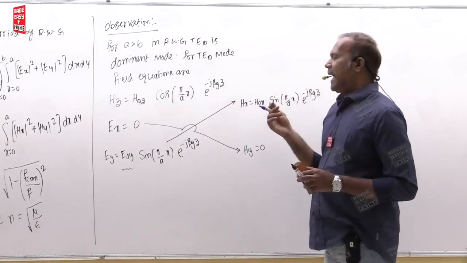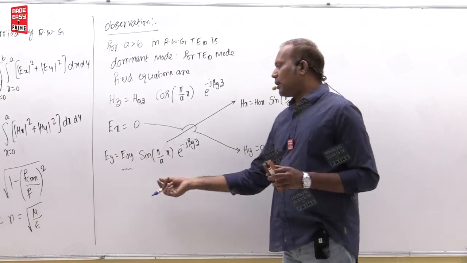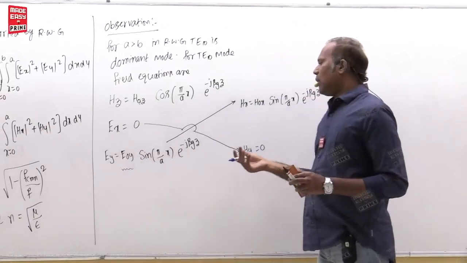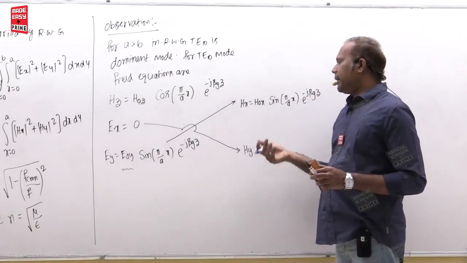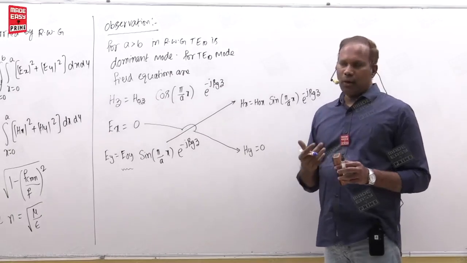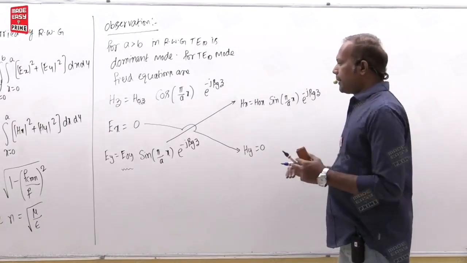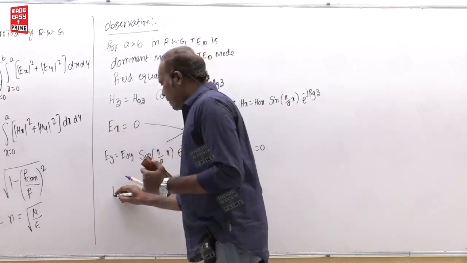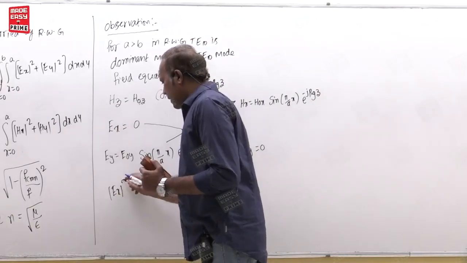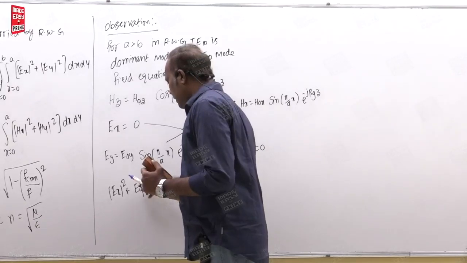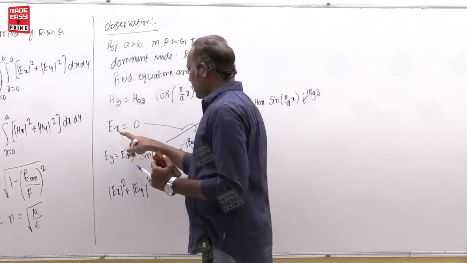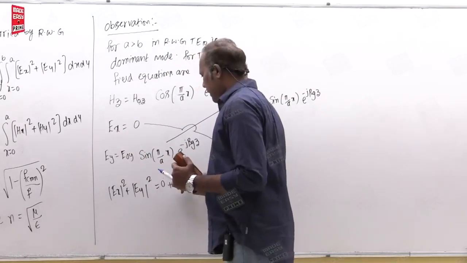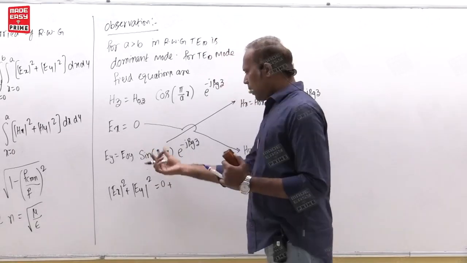That means average power should be in terms of E0y, or otherwise if you want to represent it in terms of magnetic field, then it should be H0x. Now here, the total electric field, modulus of Ex squared plus modulus of Ey squared, is equal to 0 plus the modulus of this.